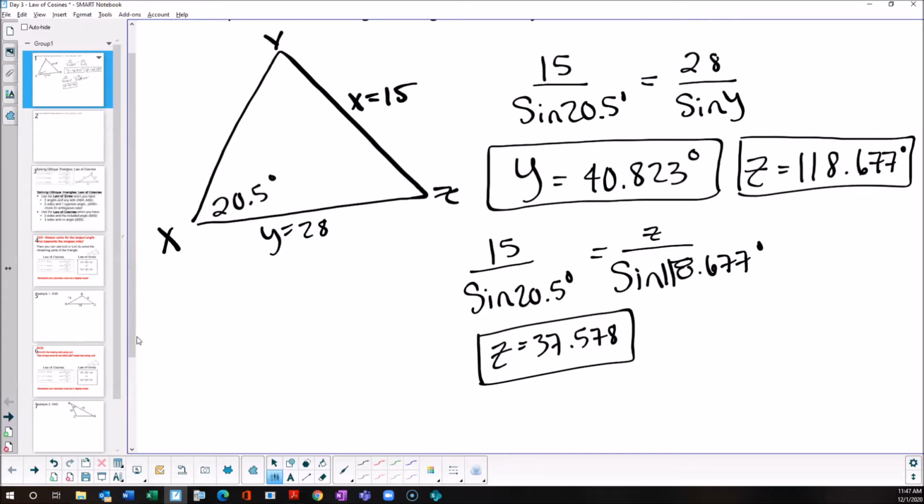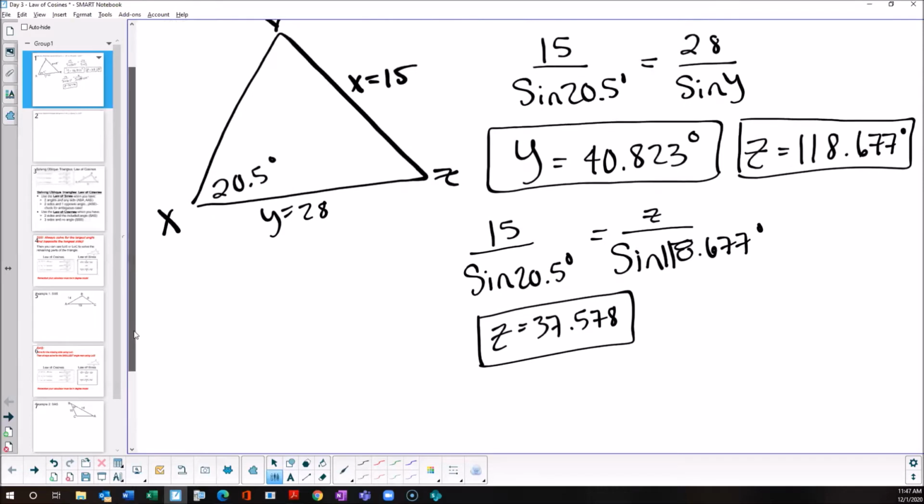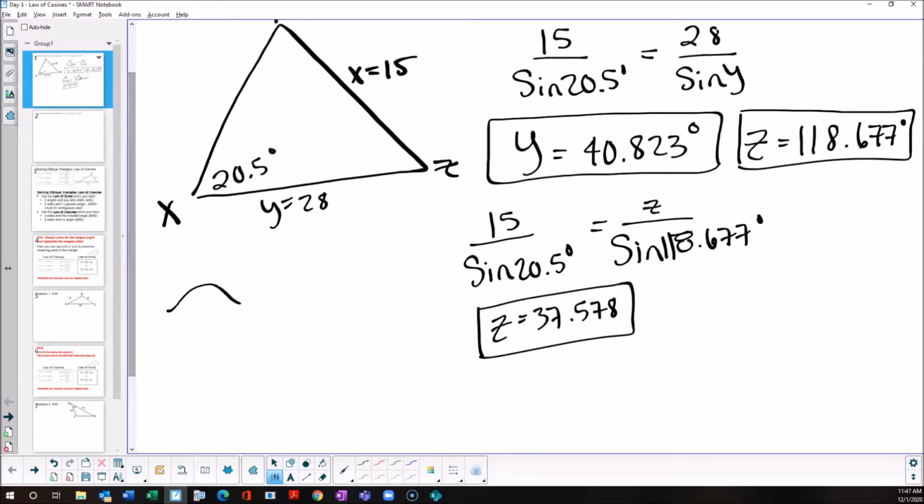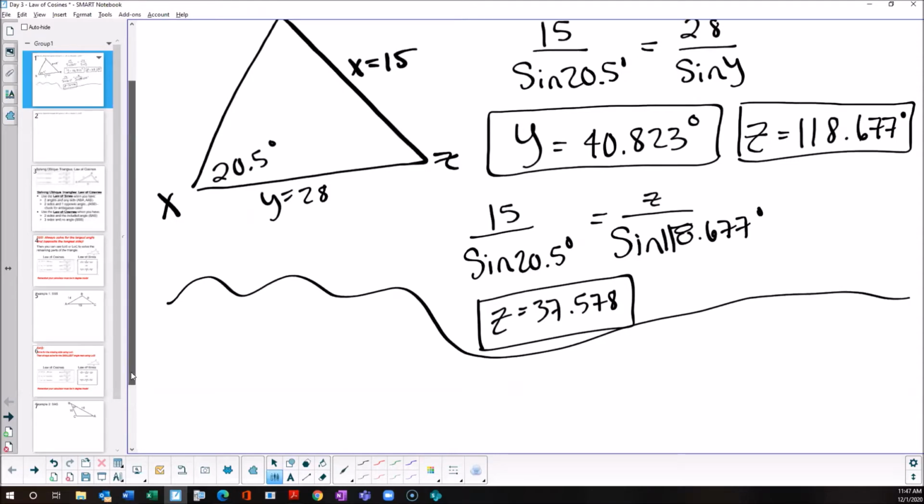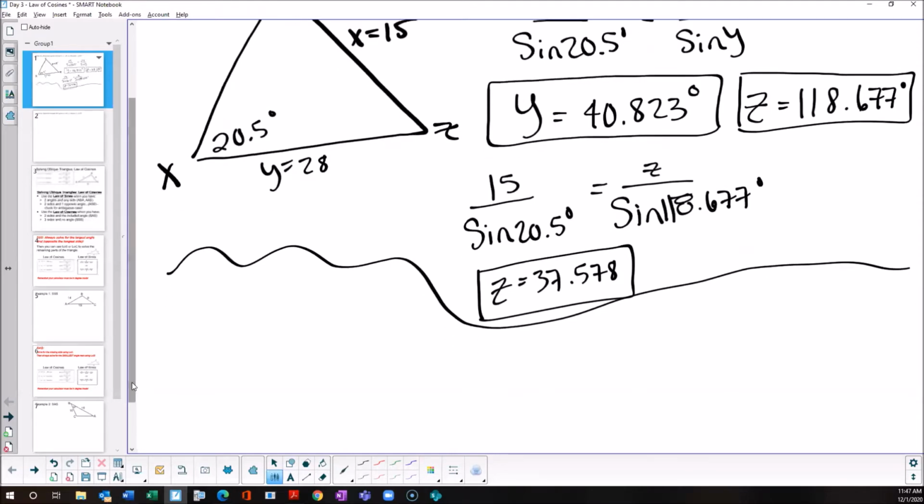So when we first started, this is our first triangle, that works, right? If we do this again, and when we first did this, we said you have to put the x's together, right? 15 over sine of 20.5, right?